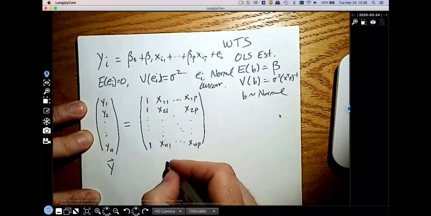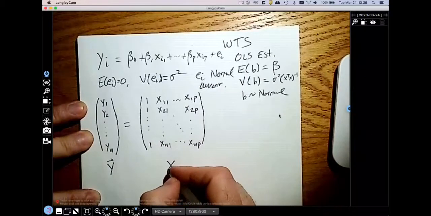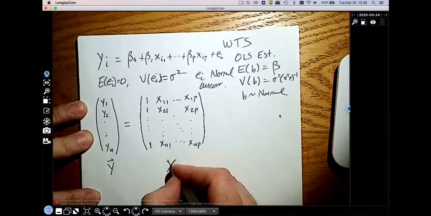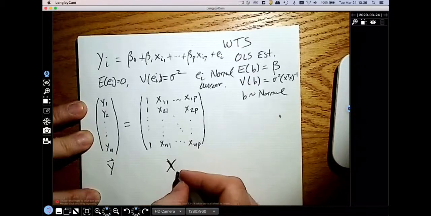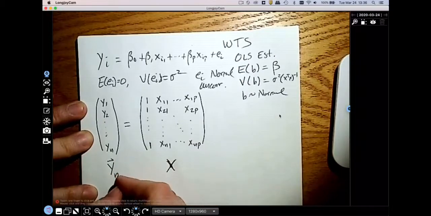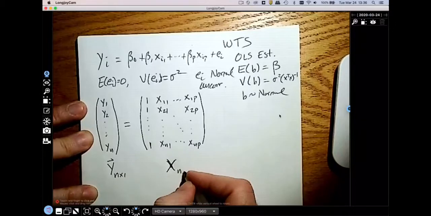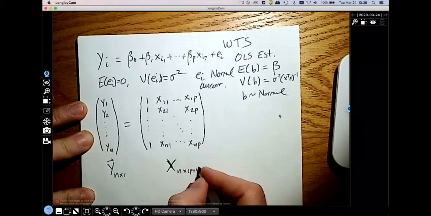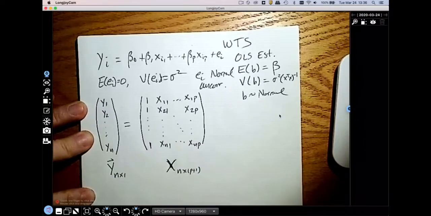So this is going to be a giant X matrix. I'll make it as bold as I can. Sometimes it helps to write down the dimensions. So y is n by 1, and X is n by p plus 1. The plus 1 comes from the intercept.